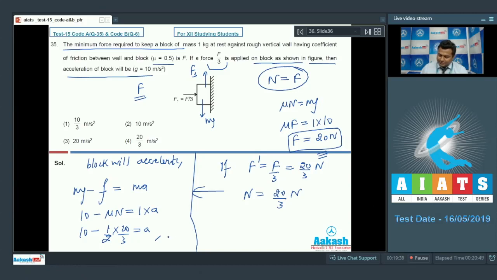So therefore, after solving, we will get the value of acceleration, that is 20 by 3 meter per second square. Final answer this is. So we can go through option number 4, which is absolutely correct. Now move on to the next, that is 36 number.